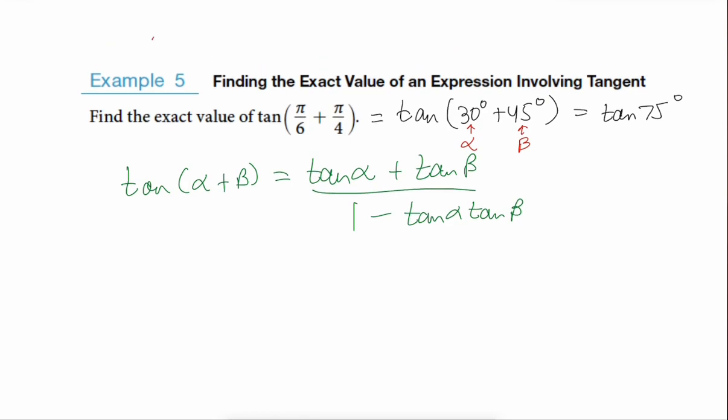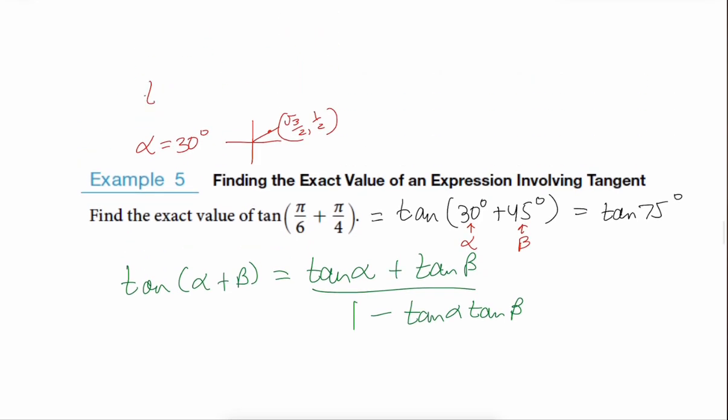So 30 degrees is the point square root of 3 over 2, 1/2. The tangent of 30 degrees is going to be the y value over the x value.